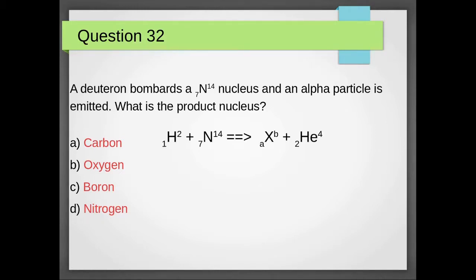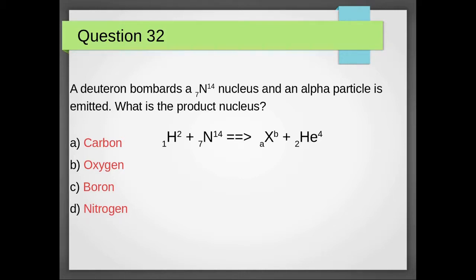So the reaction that's stated is that a deuteron, which is a hydrogen nucleus with one proton and one neutron, so the atomic number is 1, mass number is 2.